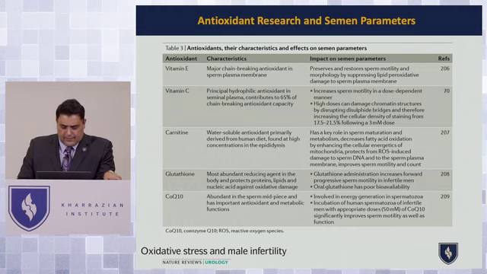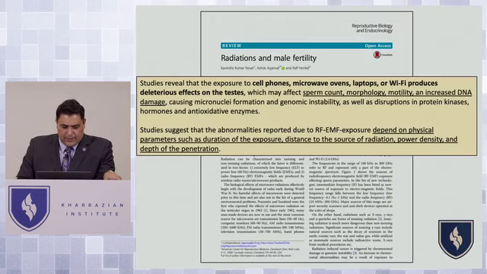And let's see, moving on here. We know that radiation has an impact on sperm count. So this was a study where they looked at exposure to cell phones, microwave ovens, laptops, and Wi-Fi produces deleterious effects on testes, which may affect sperm count, morphology, motility, and increased DNA damage, causing micronuclei formation and genomic instability, as well as disruption in protein kinases, hormones, antioxidant enzymes.